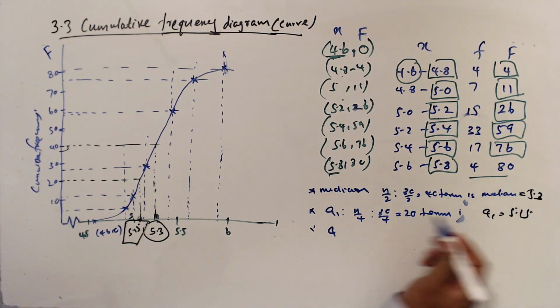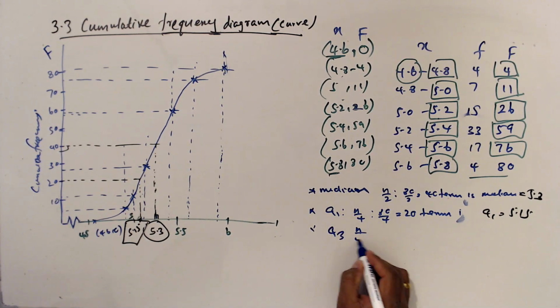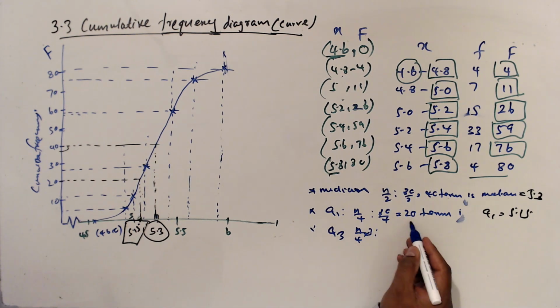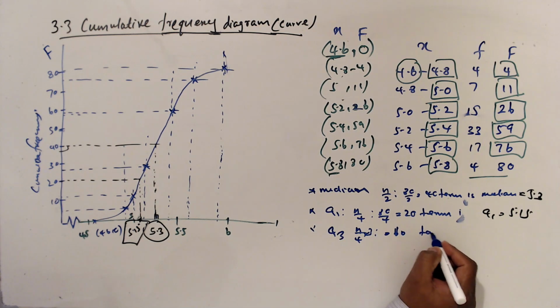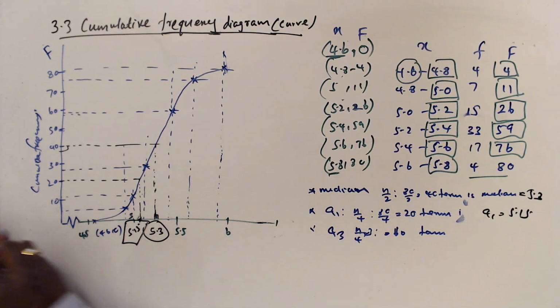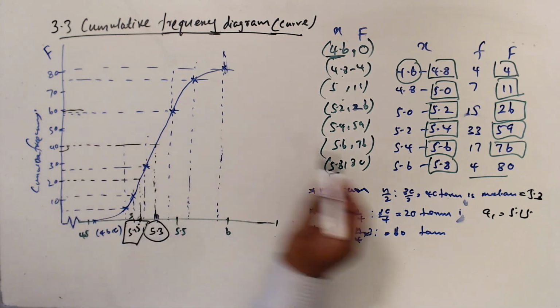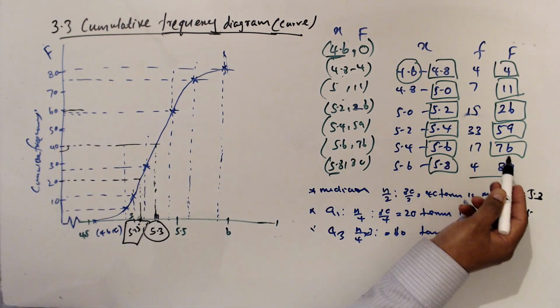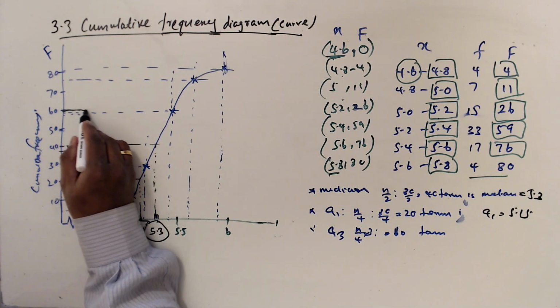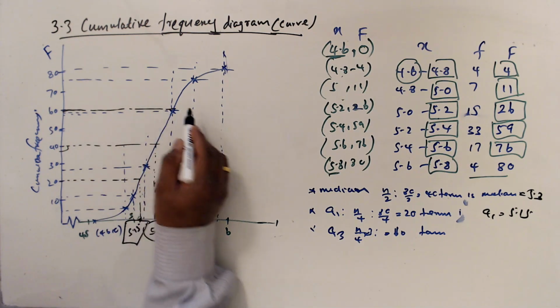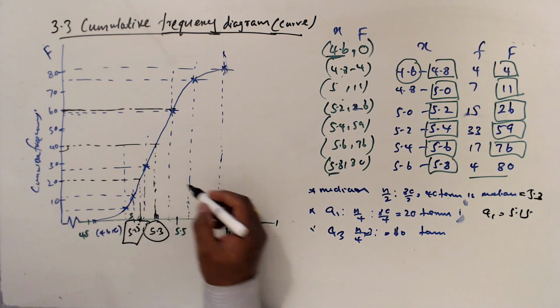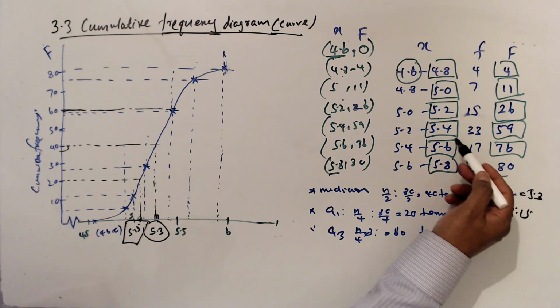Q2 we found out is the median. Q3 is n divided by 4 multiplied by 3, which means 20 times 3, the 60th term. We don't have the 60th term, but we have the 59th, so it should be above 5.4.